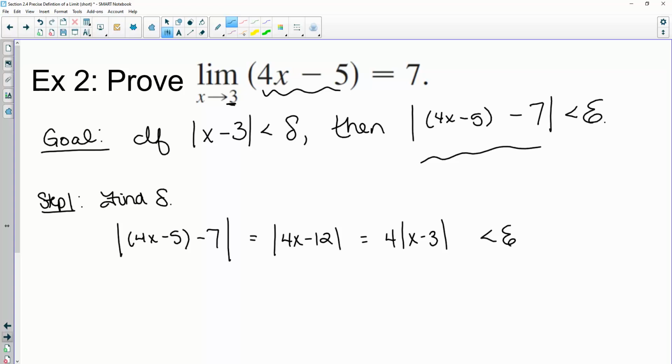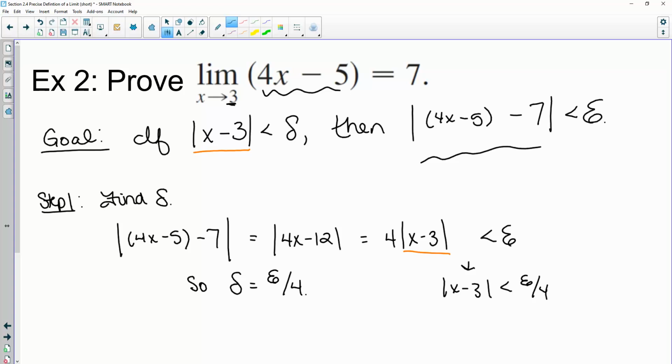Notice, we've seen the absolute value of x minus 3 before, haven't we? How would I get that by itself? Divide by 4. So what I'm going to do, delta is going to be epsilon over 4. Okay, if I took this right here, we said divide by 4, so x minus 3 is less than epsilon over 4.